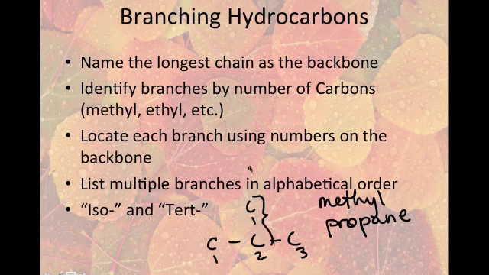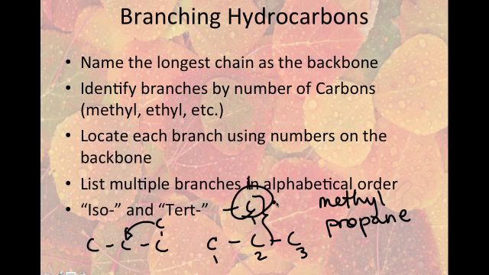So I name my longest chain propane, and then I have my methyl group, this single carbon hanging off of the propane. There's only one place I can put it, because if I put it on the end, then I turn my propane into butane, because now I have 4 in a row. All right, so butane and methyl propane are different because my carbon is attached to a different spot.